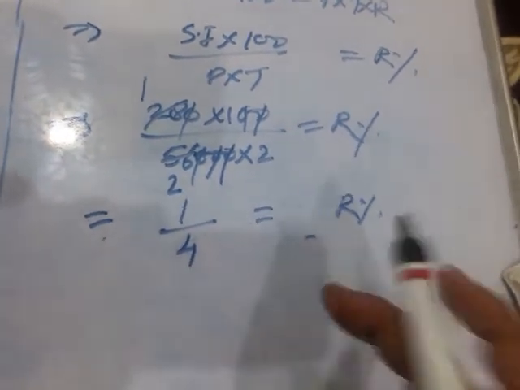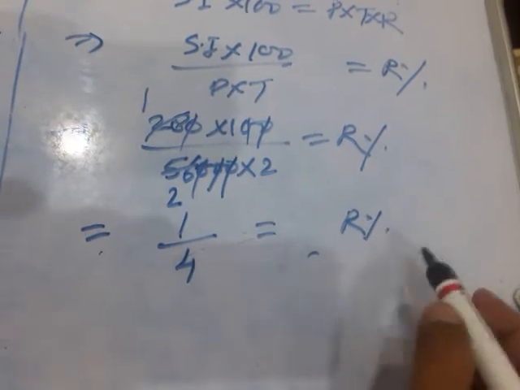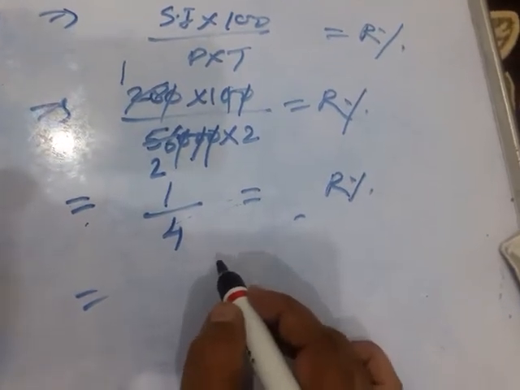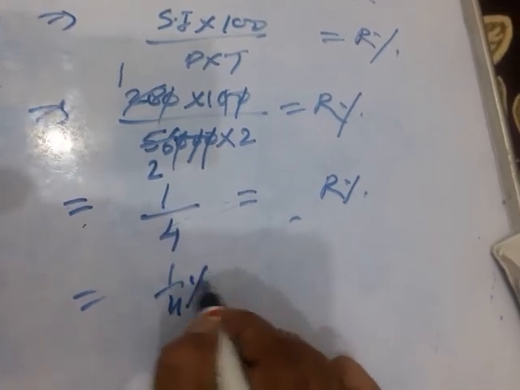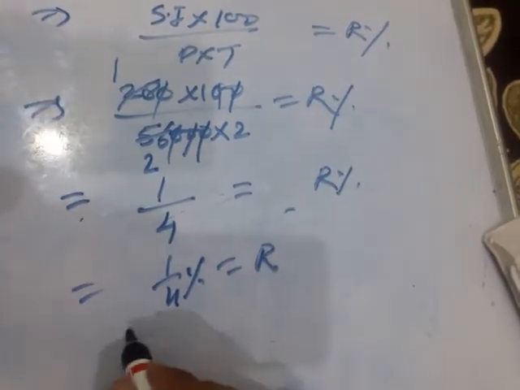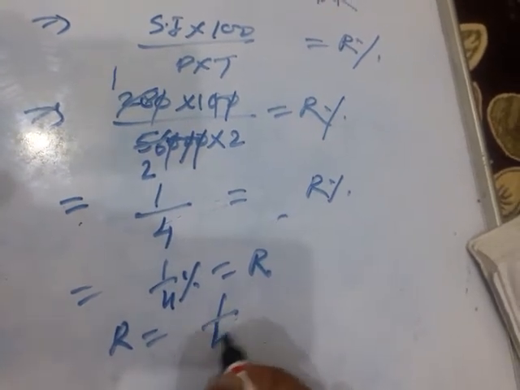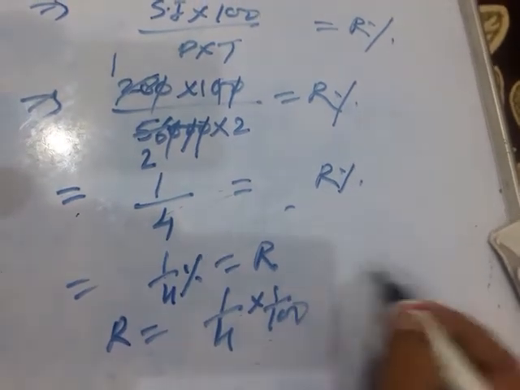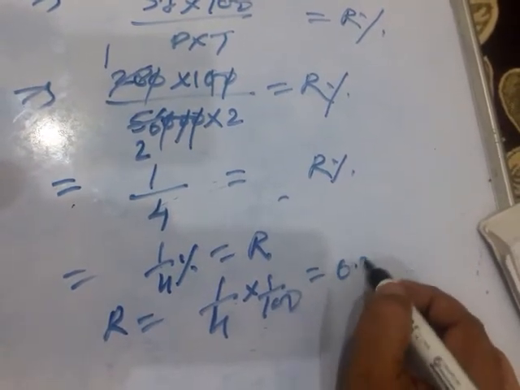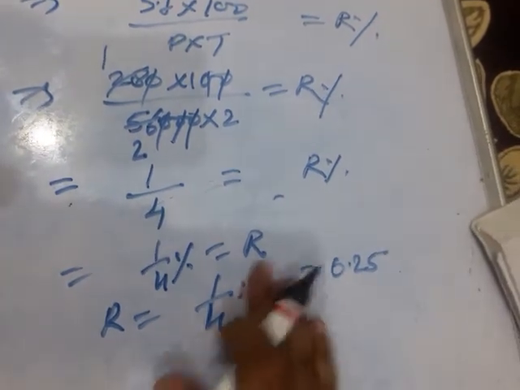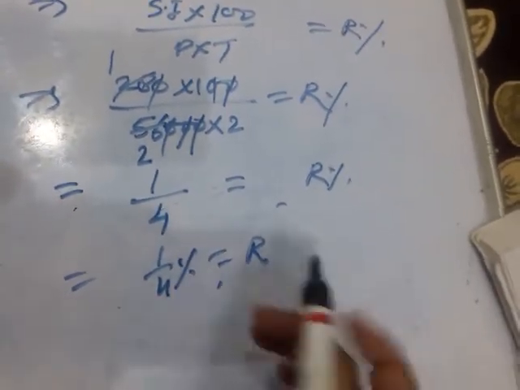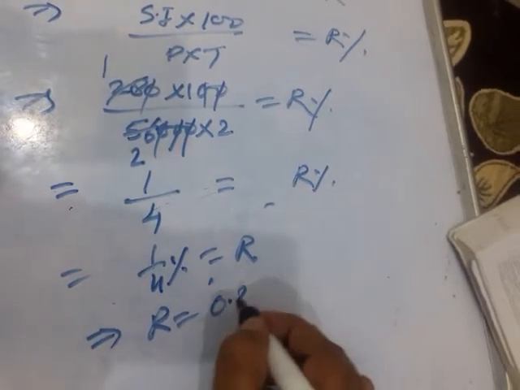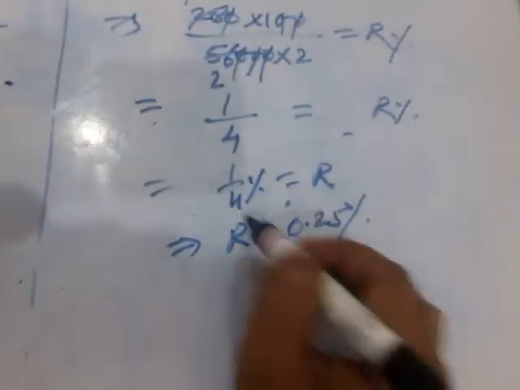R equal to 1 upon 4 percent. What is percent? That is 1 upon 100. That is equal to 0.25 percent. Sorry for that. This is 1 upon 4 percent, that is R equal to 0.25 percent.